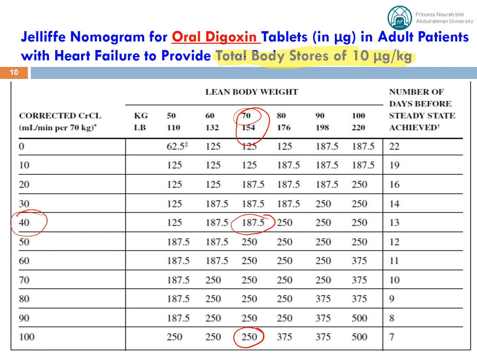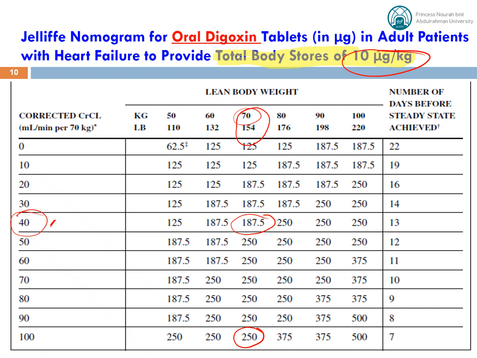It will be 187.5 microgram oral digoxin tablet instead of 250 microgram oral digoxin tablet. All of these to achieve what? 10 microgram per kilogram total body store.